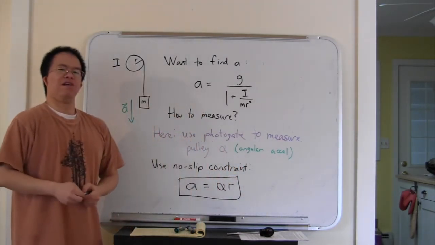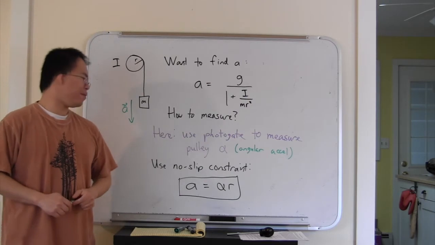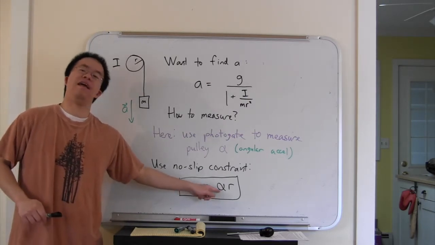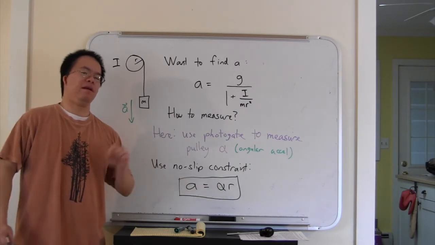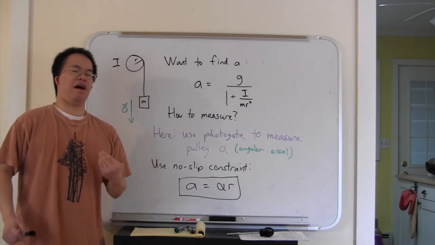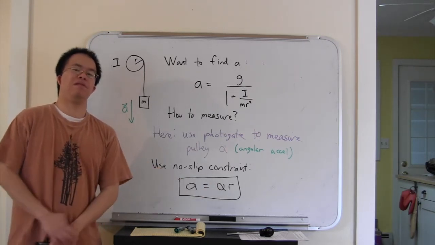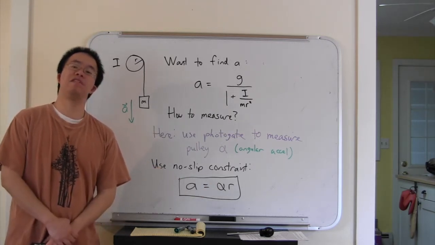So we've changed our problem of measuring linear acceleration into one of measuring angular acceleration. But now the question is, how on earth are we going to measure alpha? Let me erase the board and then I'll tell you how we can do it.